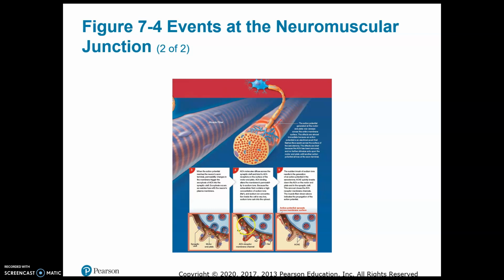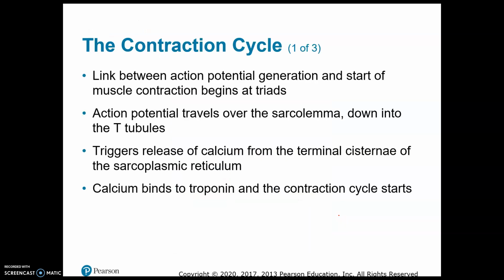The acetylcholine, which is red, will bind to receptors on the motor end plate. That's what you see here, here, and here, and here. And then that's going to trigger sodium ions to come into the motor end plate, and it's going to trigger an action potential in the muscle.